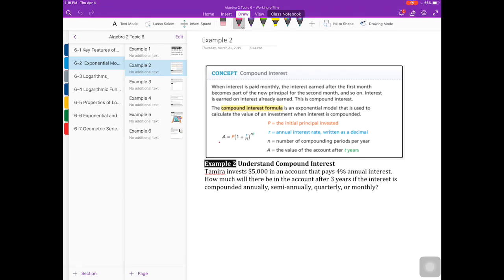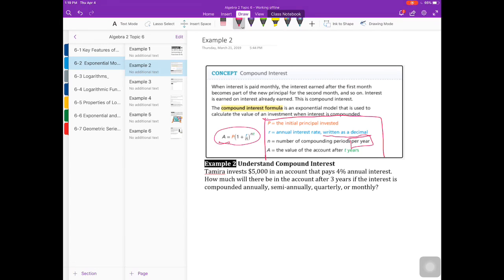So this is the compound interest formula, and you need to remember what these letters stand for. P is how much we invest initially. P stands for principal. R stands for rate, and again, we want to write that as a decimal. N is the number of compounding periods per year, and we'll talk about what that means in just a bit.